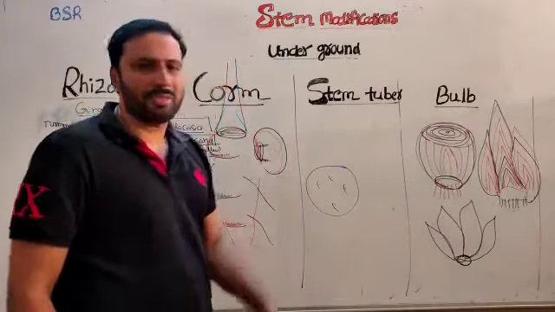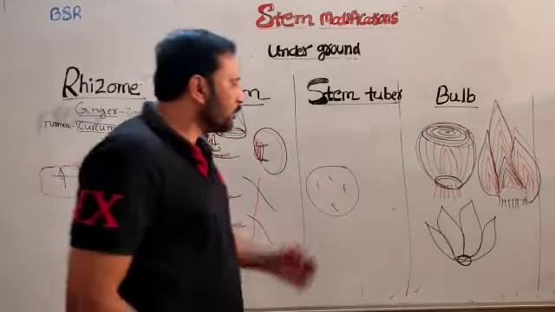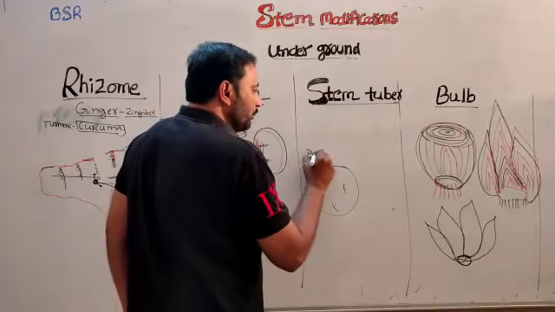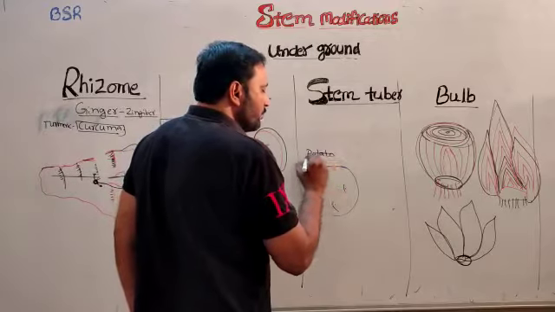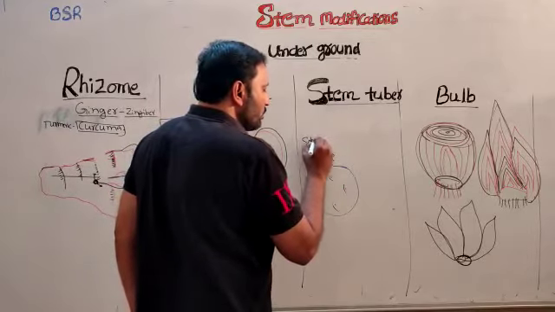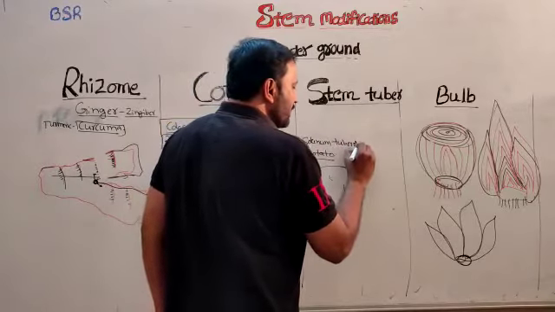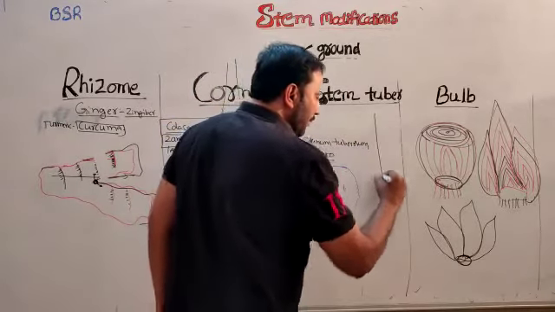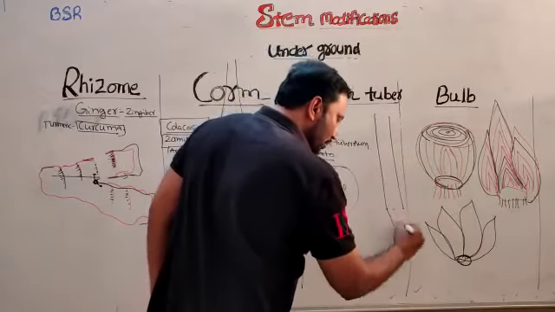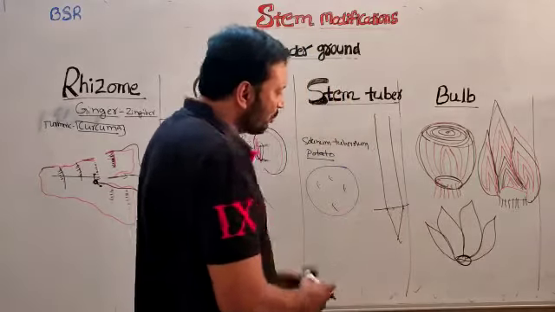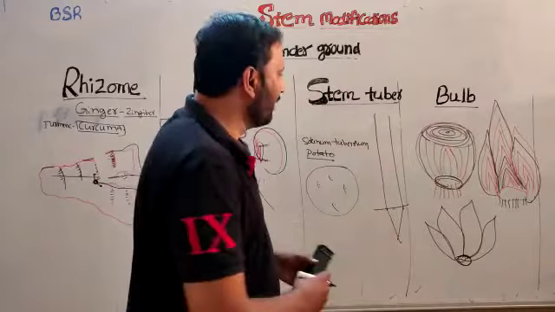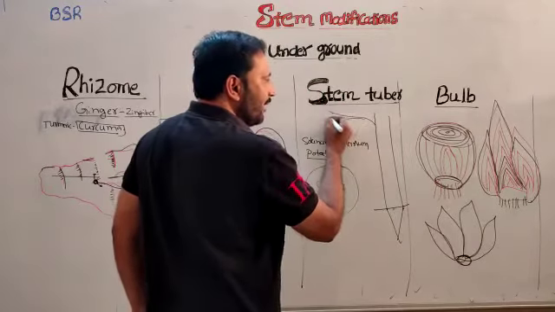Then we are going to stem tuber. Stem tuber example, potato, Solanum tuberosum. In this plant, this is the main plant, roots are present, the stem is also there, and the branches are also there.